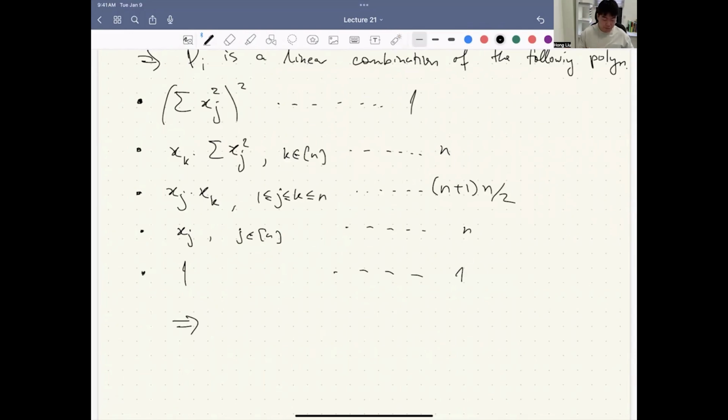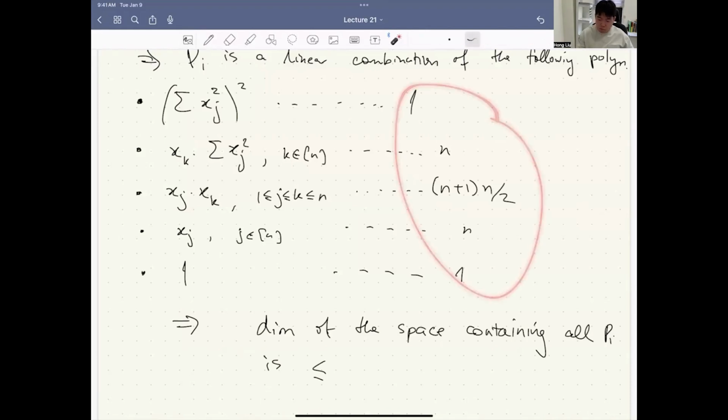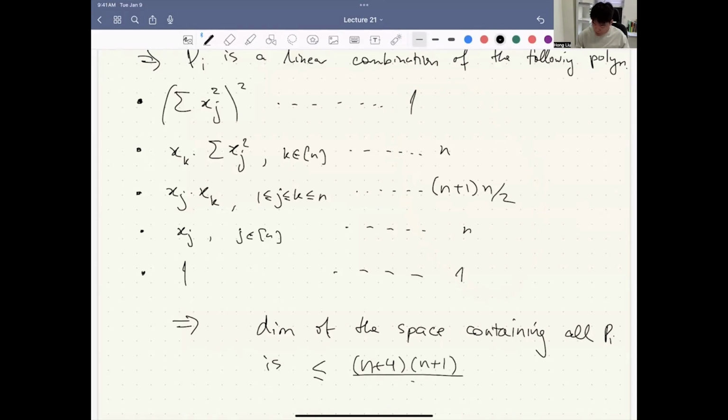We have the dimension of the space containing all P_i is at most the sum, our desired bound, which is (n plus 4)(n plus 1) over 2. We are done. Any question?